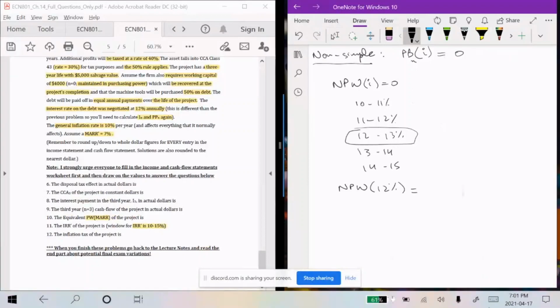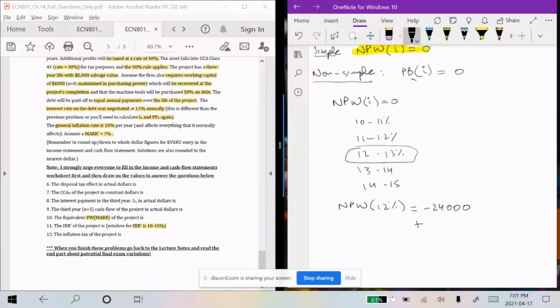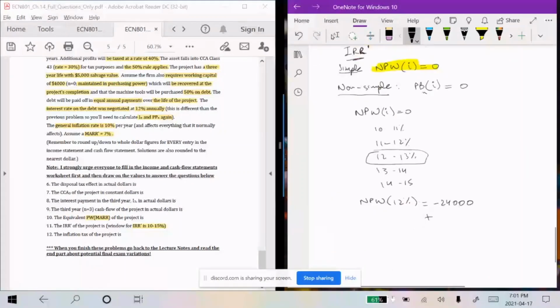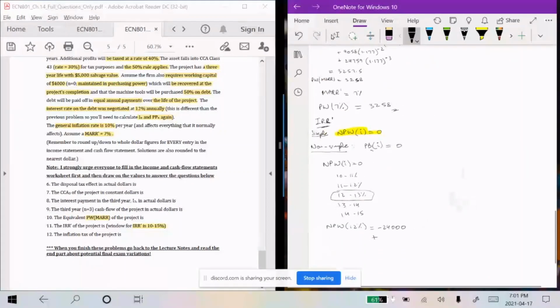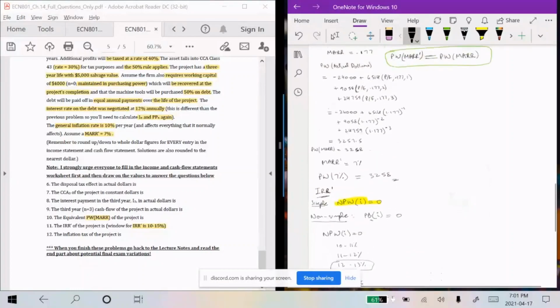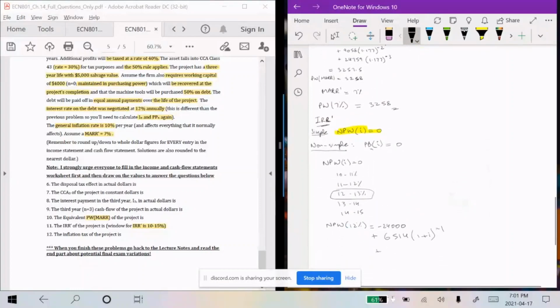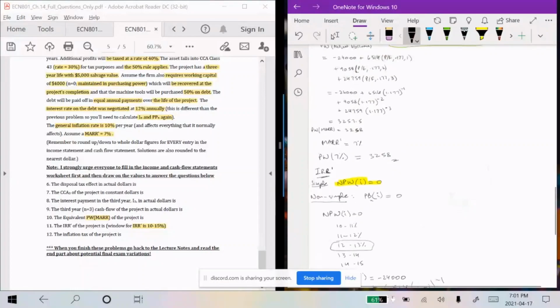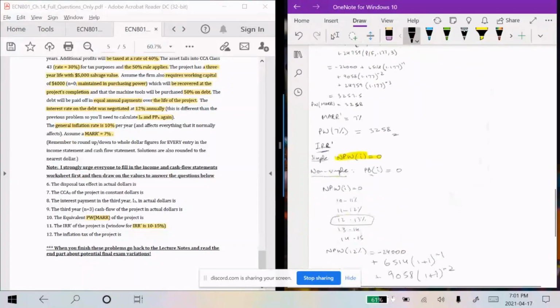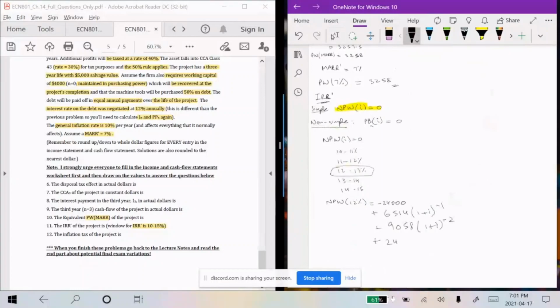So to do that, it will be minus 24,000 plus 6514 times (1 plus I) raised to the power minus 1, plus 9058 times (1 plus I) to the power minus 2, plus 24,759 times (1 plus I) to the power minus 3.